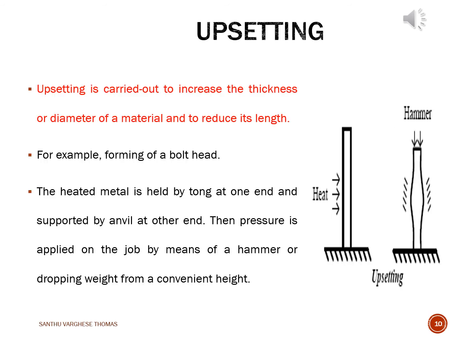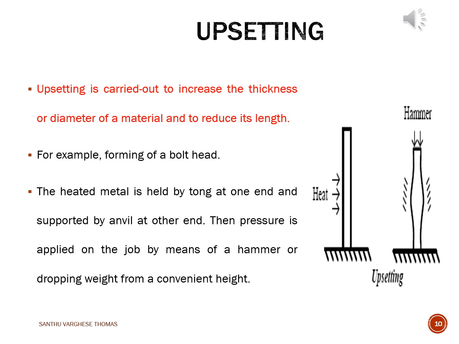The first operation is upsetting operation. Let's look what's an upsetting operation. Upsetting is carried out to increase the thickness or diameter of a material and to reduce the length. For example, forming a bolt head.